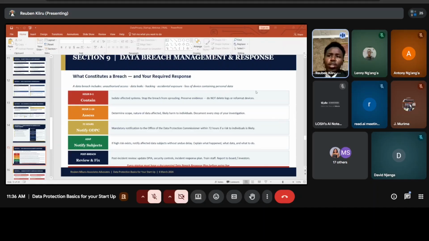One, contain the breach, whatever has happened. Then assess the situation. Then within 72 hours, you need to notify the ODPC, and you also need to notify the data subjects, and then you fix the problem. Most companies and most organizations do not follow this process, but it is mandatory for you to follow this process because you need to manage data breaches in the right way.